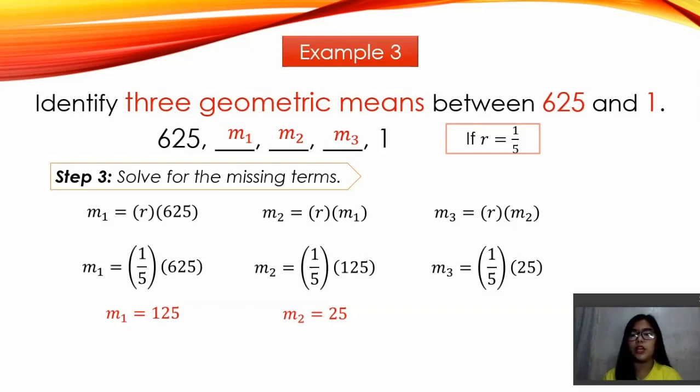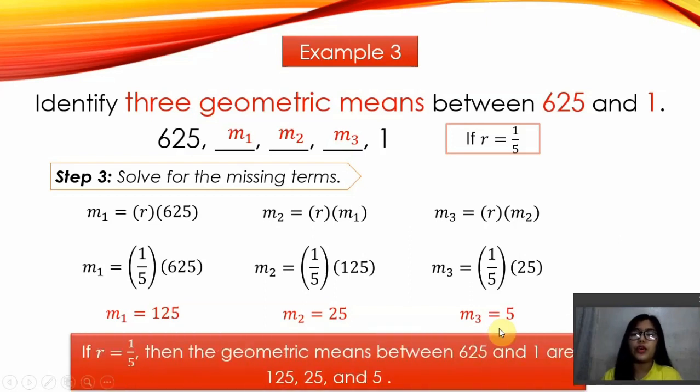So, what is the product of 1/5 and 25? Correct. So, that is 5. Okay. So, we have m sub 1 is equal to 125. We have m sub 2 equals 25. And then m sub 3 is equal to 5. So, if r is equal to 1/5, then the geometric means between 625 and 1 are 125, 25, and 5.